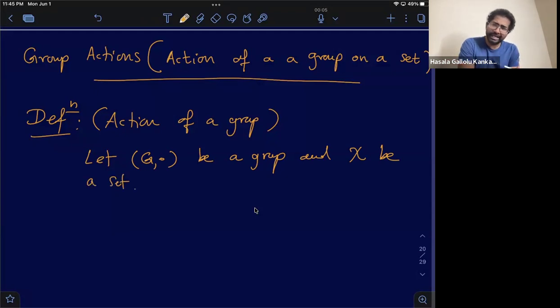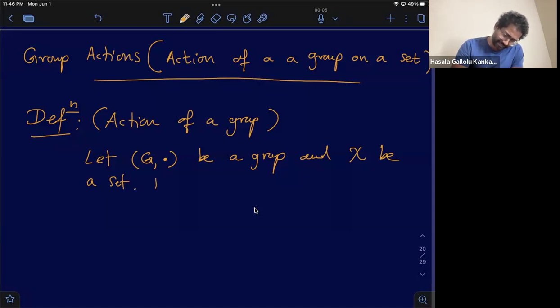I'm not imposing any special algebraic structure on this set. The only thing I'm saying is that we have a group with this fancy dot as the operation, so there is a group product or group operation.